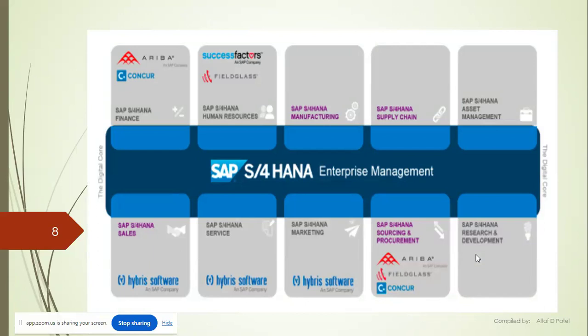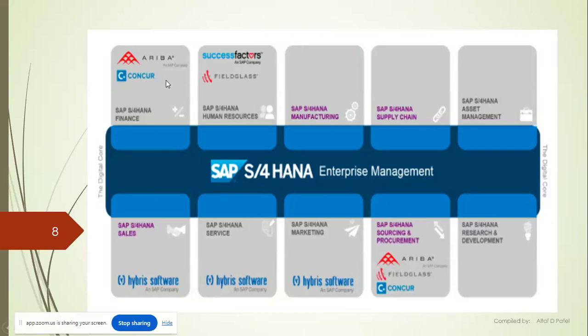So S4 HANA has again all the basic modules, but they are called differently, like financials is different. Okay, logistics is different, but the basic modules will remain. On top of that, there will be new companies which they acquired. For example, Ariba.